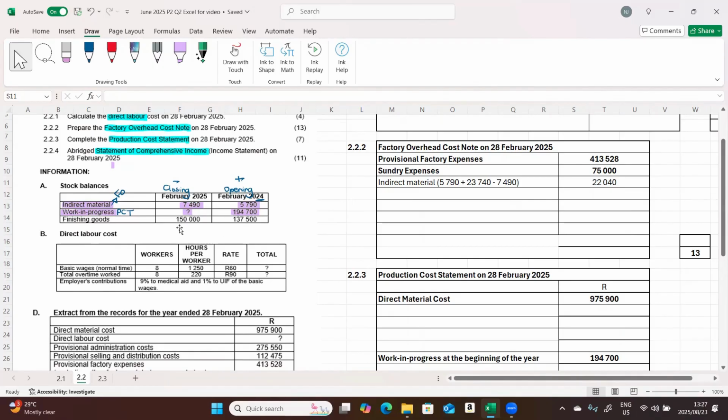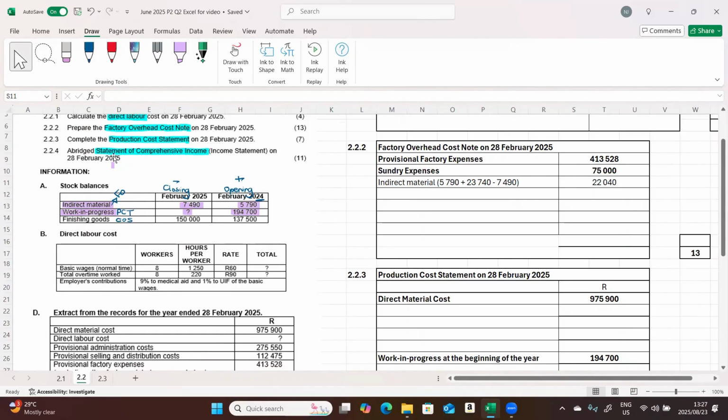Once again, you have to know your formats well enough to know exactly where we use these stock balances. We use the finished goods stock balances to calculate our cost of sales, guys. So I'm just going to write COS.